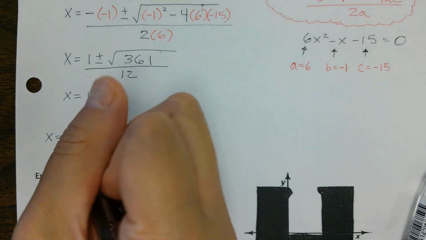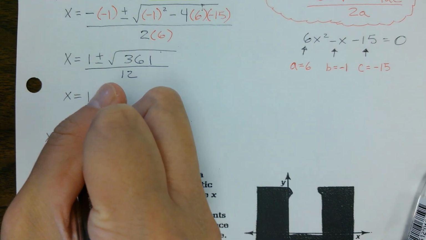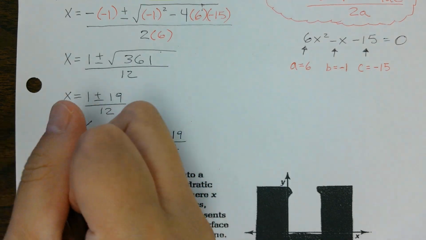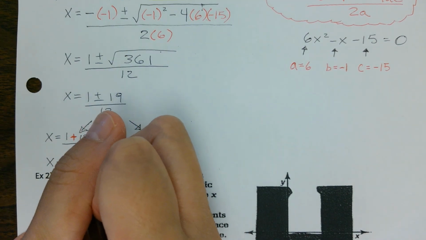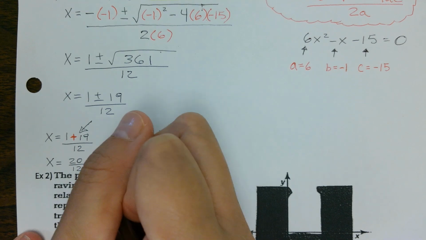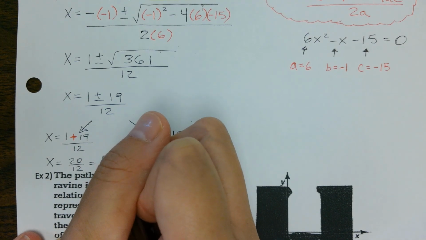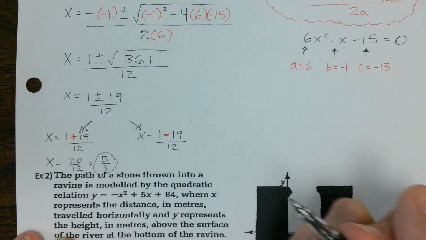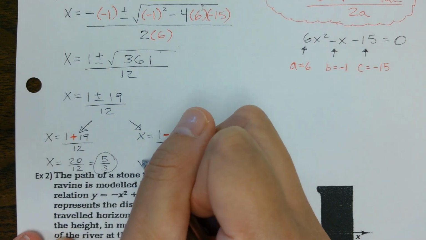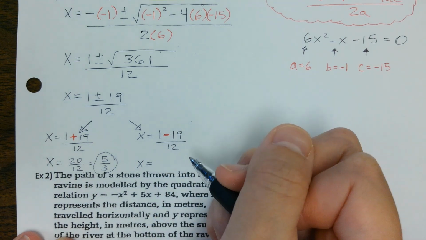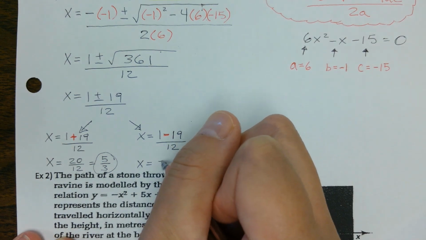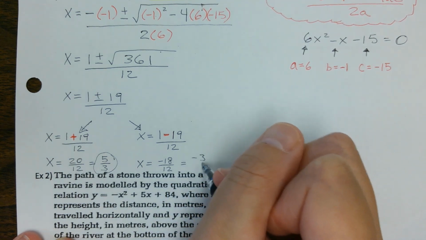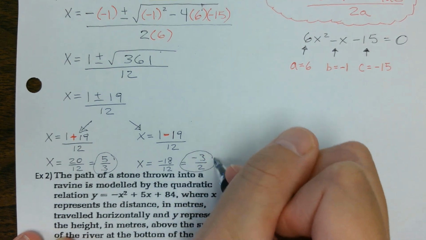So one side is a plus sign, one side is a minus sign, so that you get your 2 x-intercepts. So x equals 20 over 12. When I reduce that, that's 5 over 3. On this side, 1 minus 19 is negative 18. Negative 18 over 12. When you reduce it, I get negative 3 over 2.